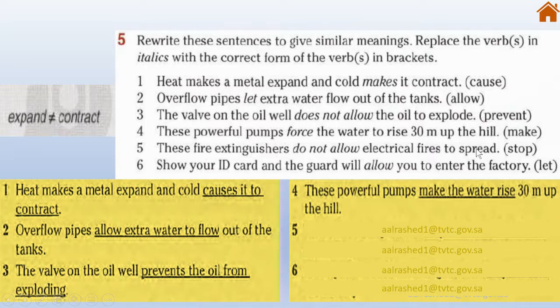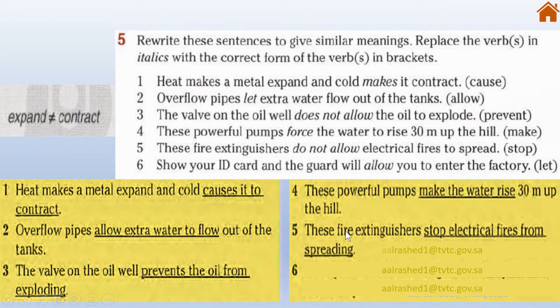This is the verb. So look at the answer. These fire extinguishers stop electrical fires from spreading. Stop electrical fires: this is the noun. From is the preposition, spreading is the verb, included with "ing".